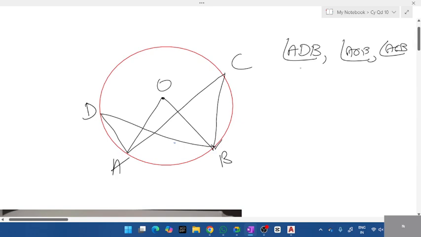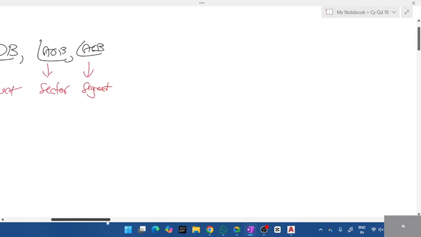Which is segment out of these 3? Which one you call segment? Is ADB a segment or a sector? Segment. AOB? Sector, and ACB segment.